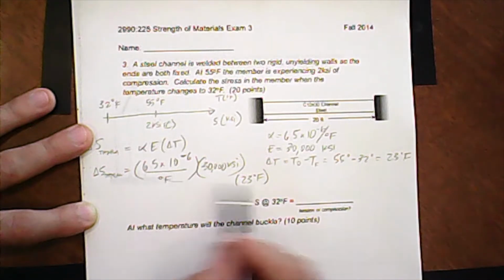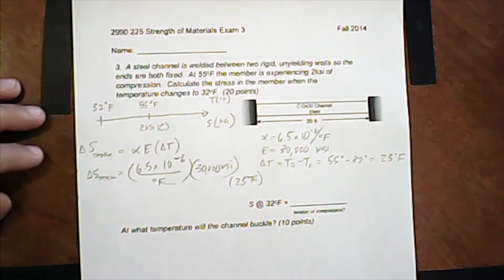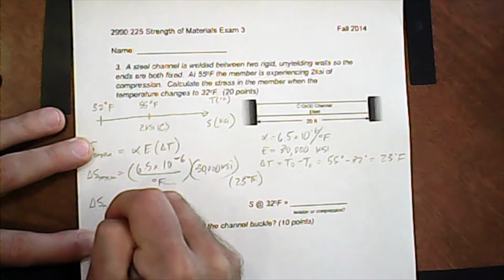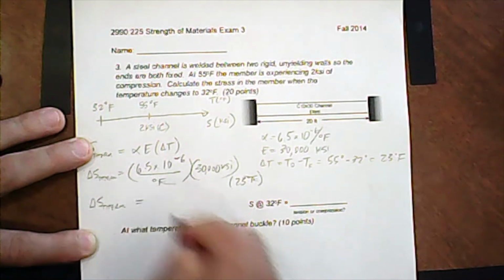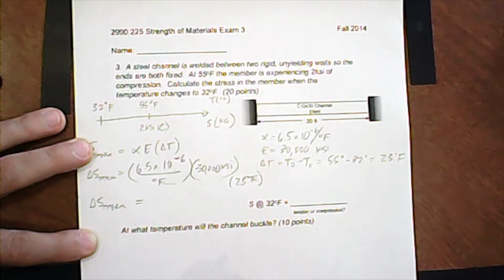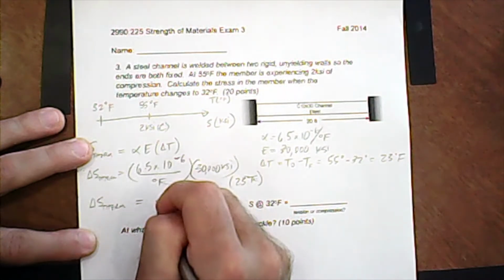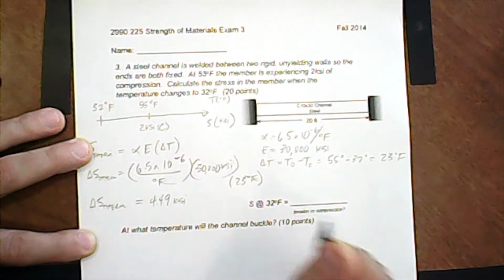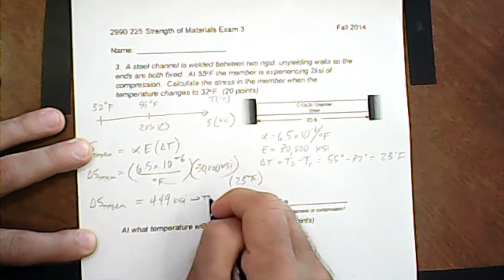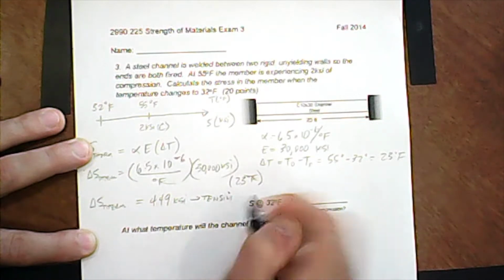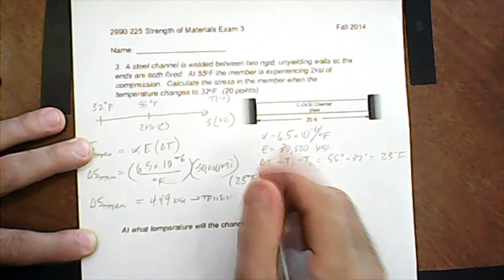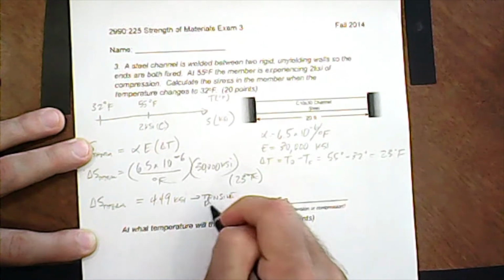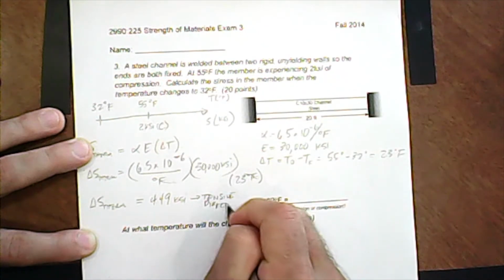And of course, those units are going to cancel, so we end up with a delta S thermal, remembering this is our change in stress. What did I get? 4.49 ksi. And remember, that's in the tensile direction. I'll even write direction here.